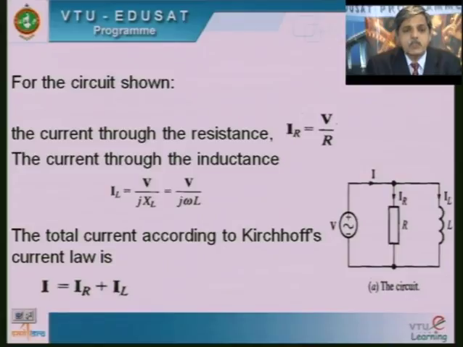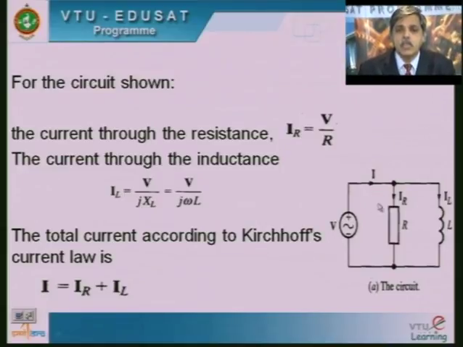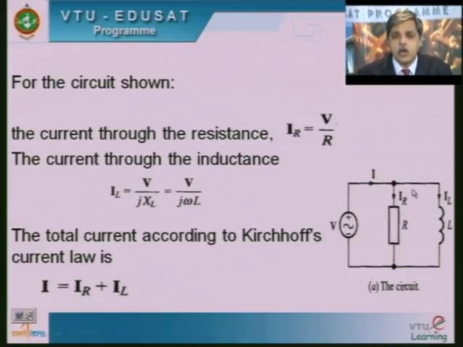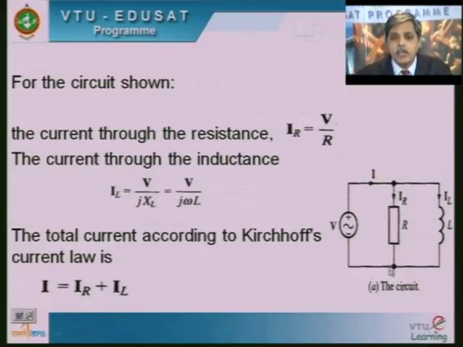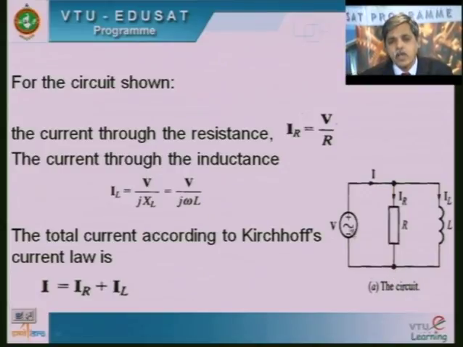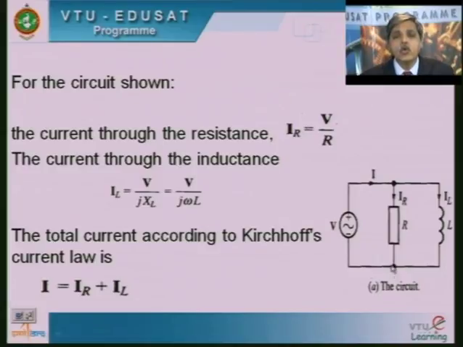Now the j stands for this inductive reactance because the reactance will be on the vertical axis in the impedance triangle. Now if you apply Kirchhoff's current law at the junction you see here, that is the node where I am connecting the voltage source, resistor and the inductor, all three elements are connected together. So this is a common node and the reference node is the bottom node. Actually this network we can also call a single node pair network.